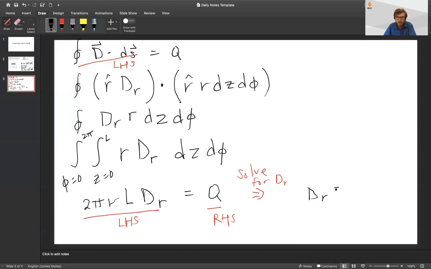So we have Dr is equal to Q over 2 pi rL.